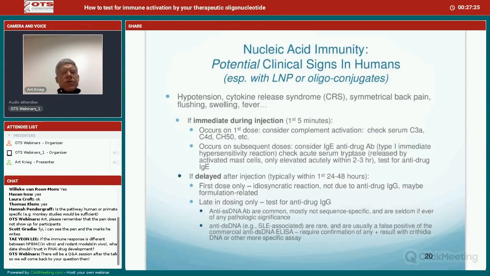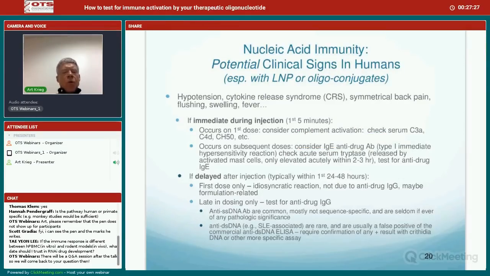On subsequent doses, if it's not the first dose, what can happen is that you may be inducing IgE antibodies to the drug. It takes several doses, several exposures to the drug before these antibodies are produced. An example of where this happened was a conjugate of PEG with an oligonucleotide.